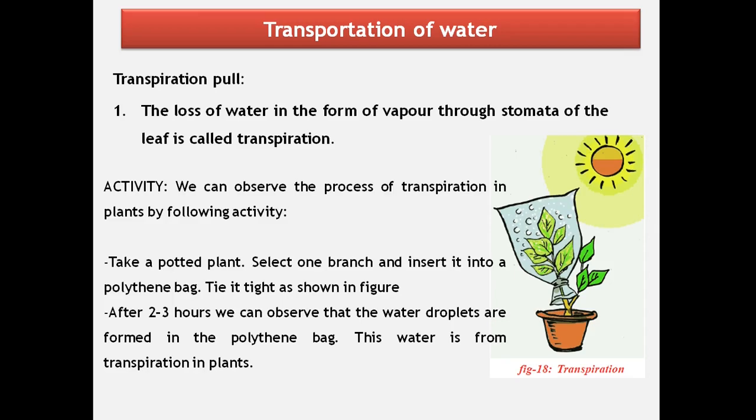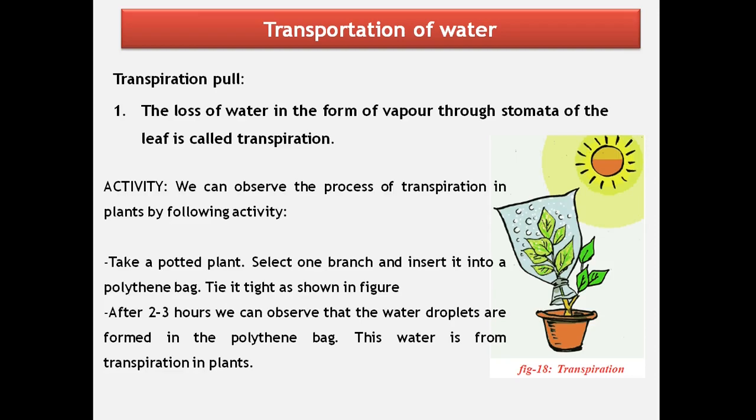After 2-3 hours, we can observe water droplets in the polythene bag, and this water is nothing but the transpired water from the plant. The water that comes out as water vapor because of transpiration from that particular branch.